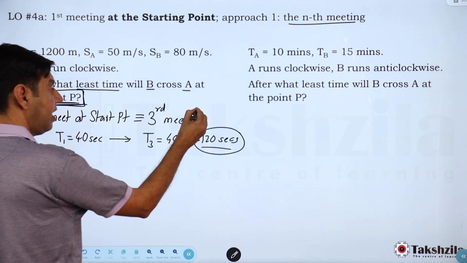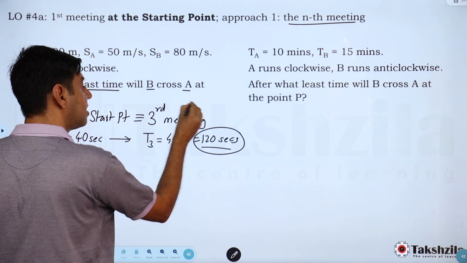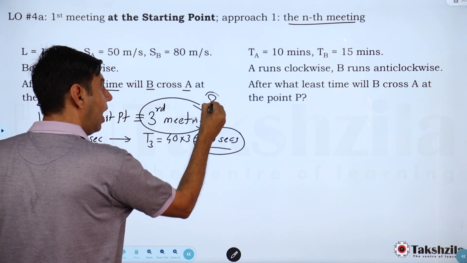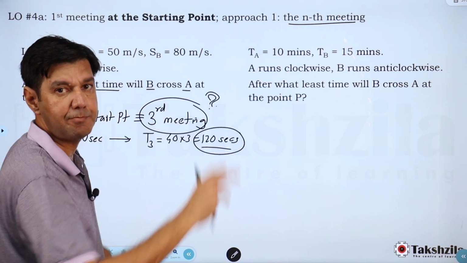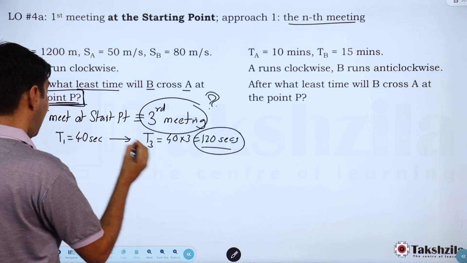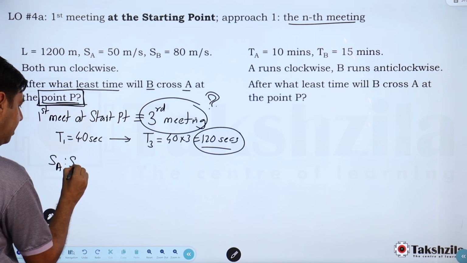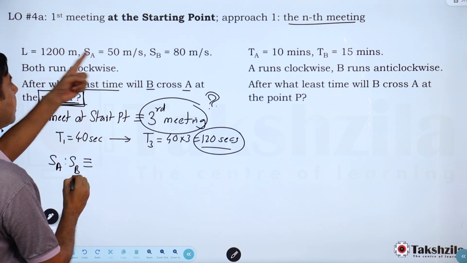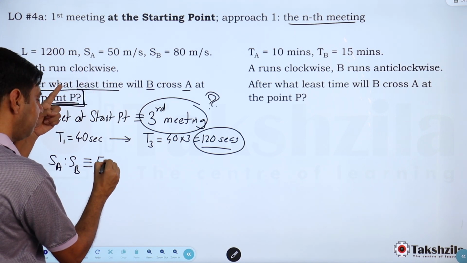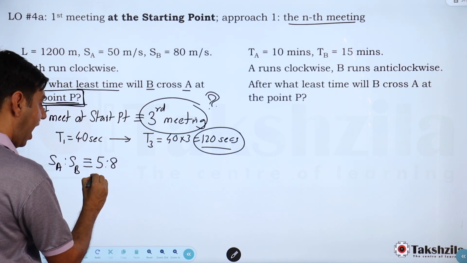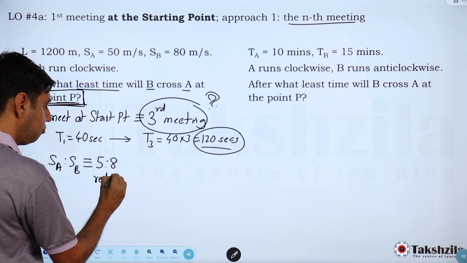Now you might ask, how do I know this third meeting without having done that whole elaborate analysis? The way to get to this is you take the ratio of the speeds. In this case, the ratio of the speeds is 5:8. You have to take it in the most reduced form.